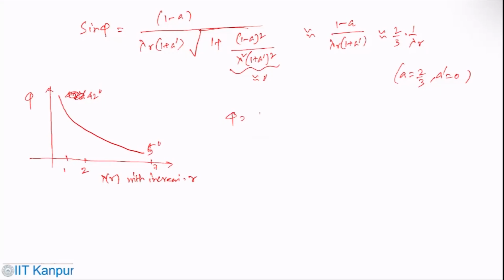So phi would be sine inverse 2/3 by lambda r, 2/3 lambda into 1 by r, which is inversely proportional to r.